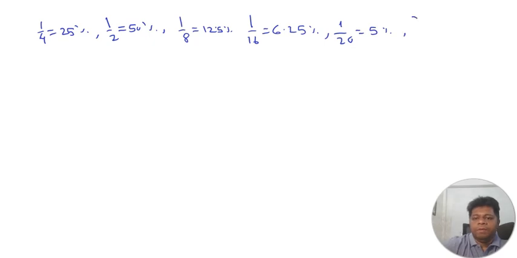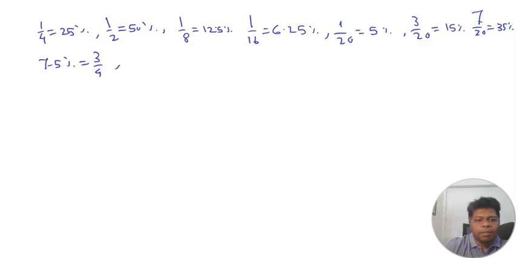Then you can have 3 by 20 equal to 15%, then 7 by 20 equal to 35%. You can also remember 75% equal to 3 by 4, and how is it coming? 75 by 100, dividing both numerator and denominator by 25, gives 3 by 4.